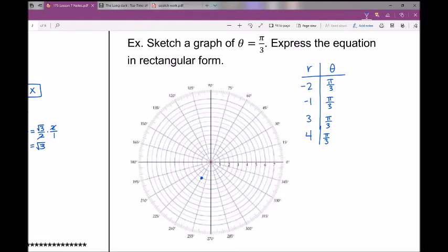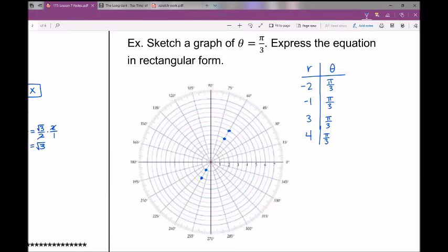And for the point 3, comma pi over 3, we go to the right this time since we have a positive radius, out to the circle of radius 3 and around to the angle pi over 3. And finally, for the point 4, comma pi over 3, we go out to the circle of radius 4 and around to the angle pi over 3.